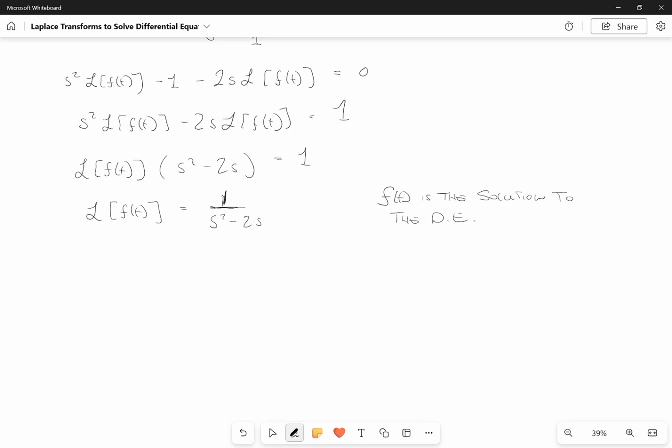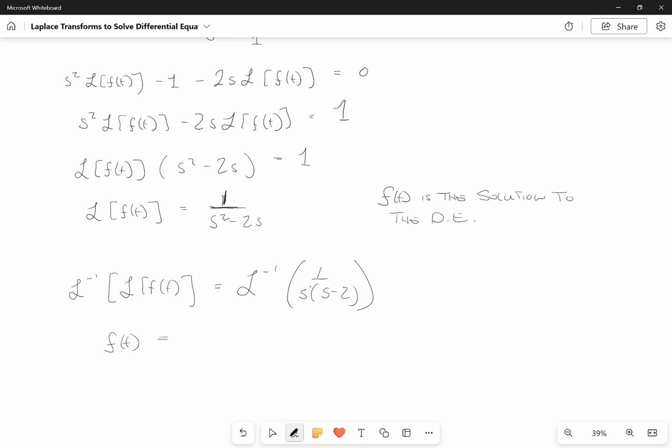Okay, so the reason for this, look, what is the inverse Laplace of both sides? If I do that to the left-hand side, I just need the inverse Laplace of 1 over s squared minus 2s. Right? Okay, so on the right-hand side, the inverse Laplace of the Laplace is just f of t.